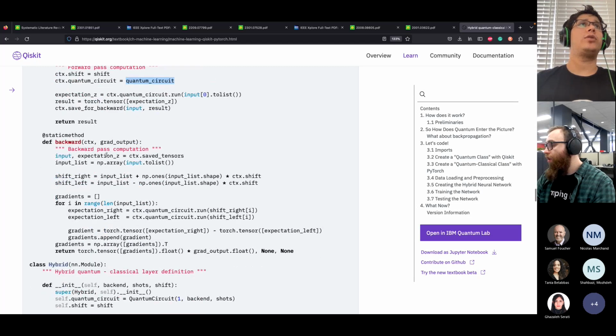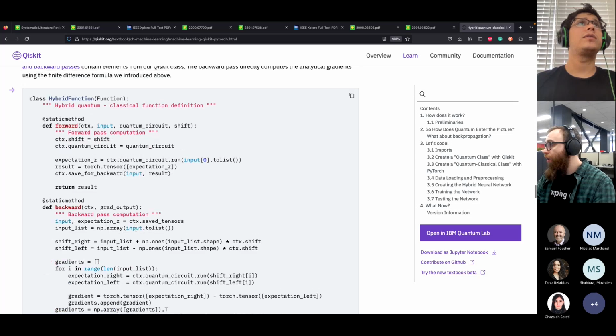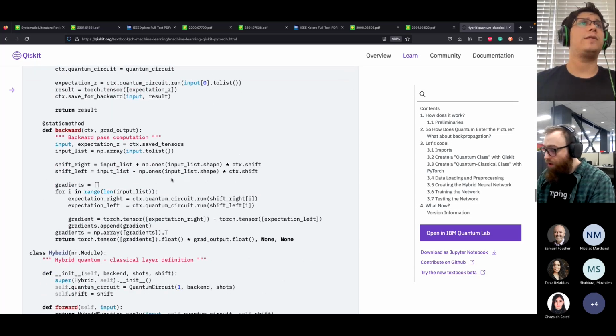Then you have to create the backward pass that is going to give you the gradient. In this case, what they're doing is this parameter shift rule to obtain the gradient with respect to the quantum circuit. And I guess with respect to the classical part, you just use PyTorch because it's already built in.